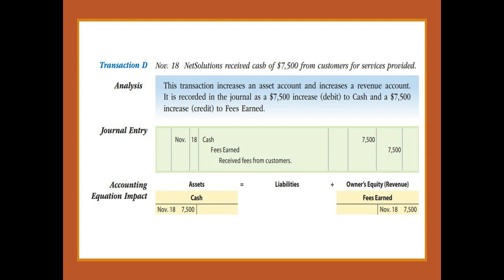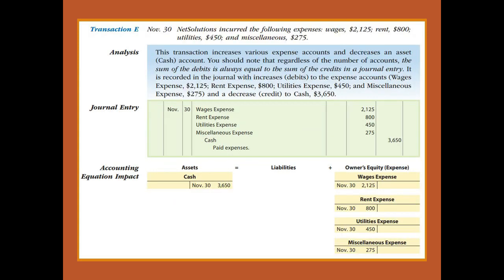It is recorded in the journal as a $7,500 increase or debit to cash and a $7,500 increase or credit to fees earned. The accounting equation impact: assets, cash, increase $7,500, owner's equity, revenue, fees earned, increase $7,500.